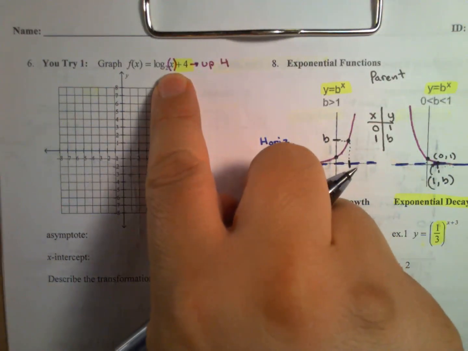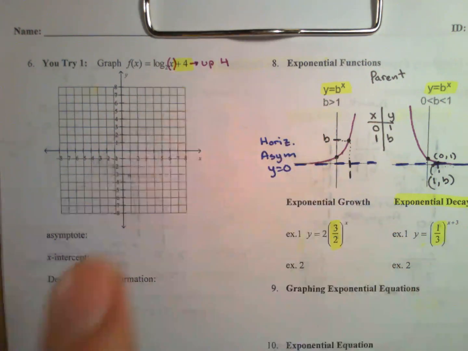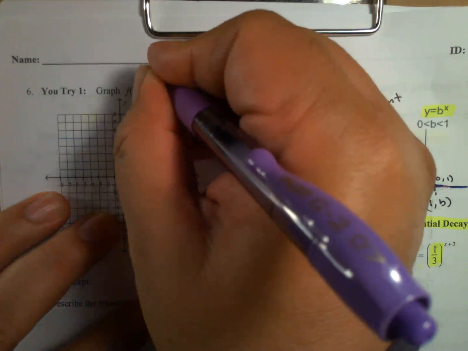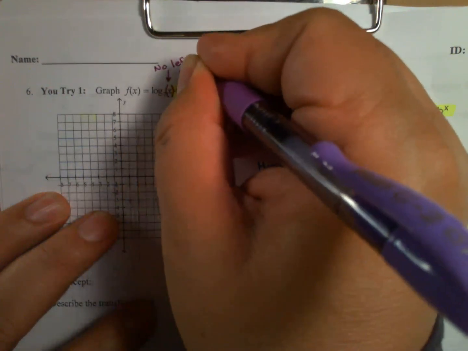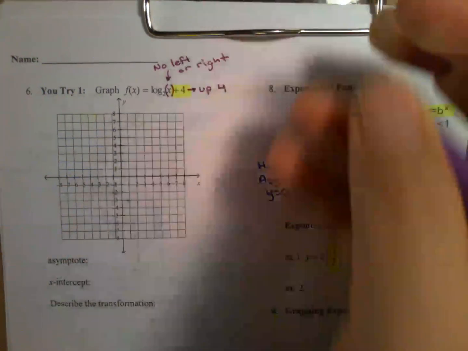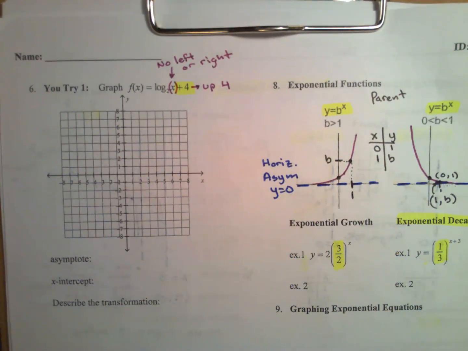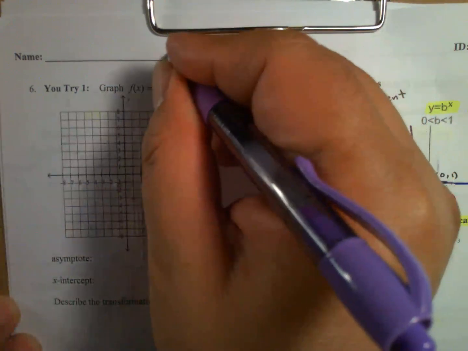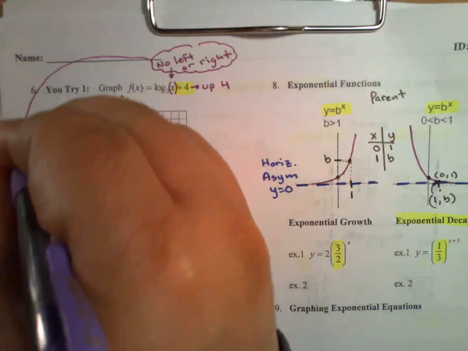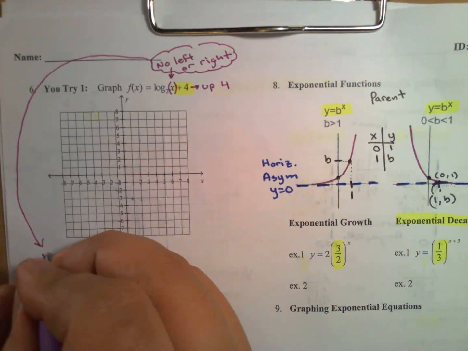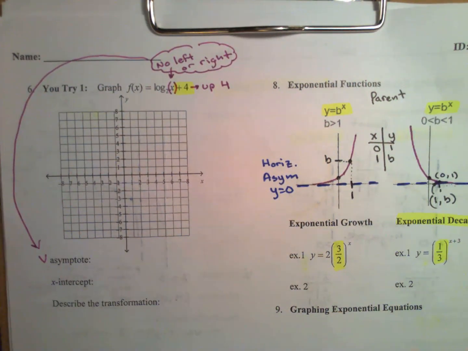There is nothing happening as left with left or right, which means this is why I wanted to show you this problem. There's no left or right for this situation, which just means one thing. When you have no left or right, well, then when it comes to our vertical asymptote, there's no new one.